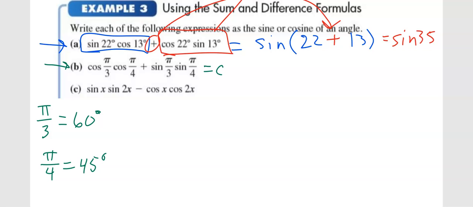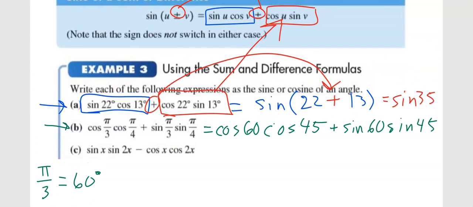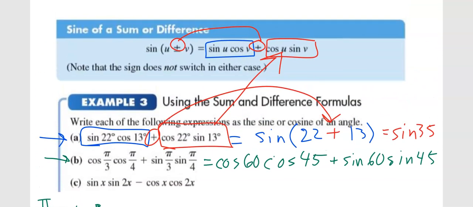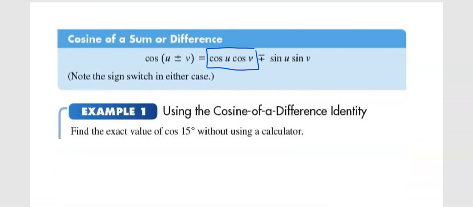So we're basically looking at cosine 60, cosine 45 plus sine 60, sine 45. Is this matching the sine formula or the cosine formula? It's matching the cosine formula.